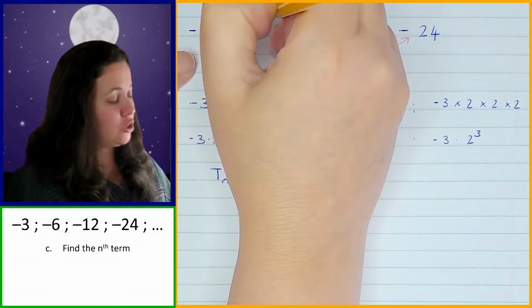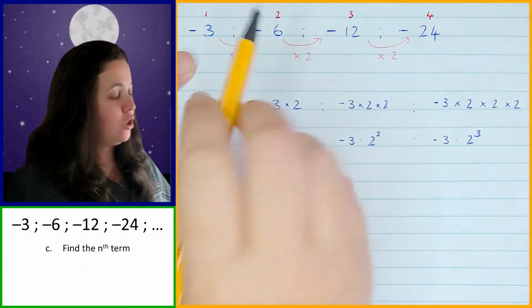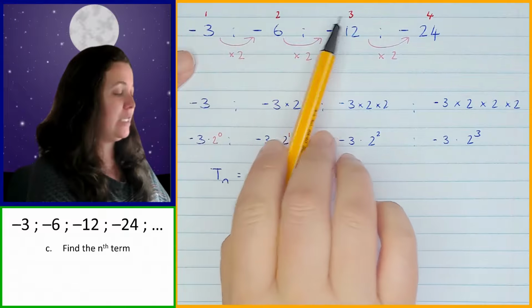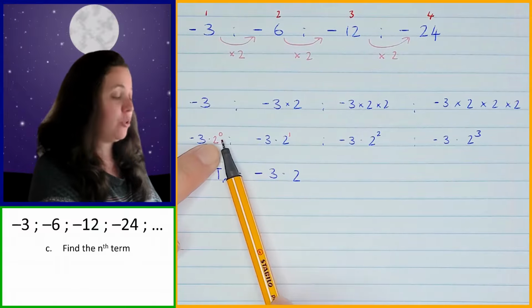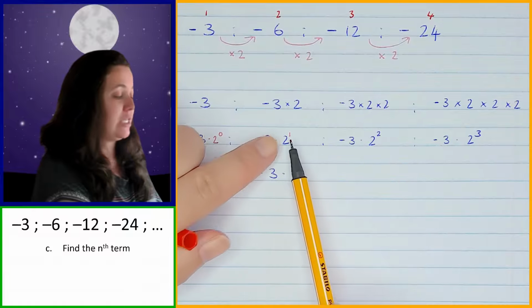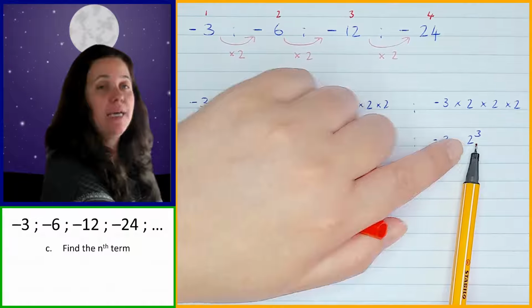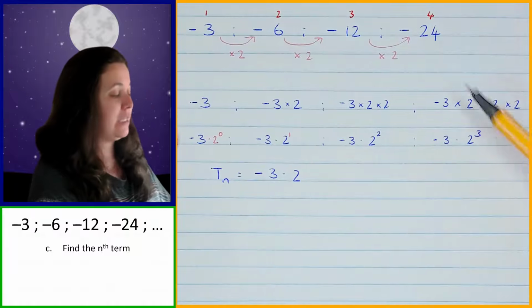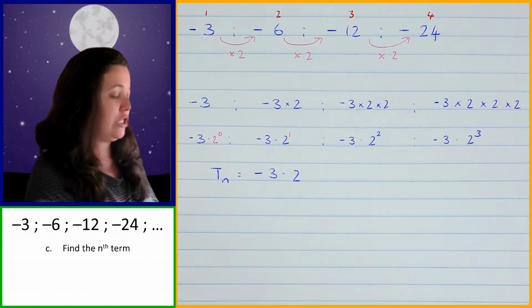This term is term number 2. This is term number 3. And this is term number 4. So here n is 1, n is 2, n is 3, and n is 4. Now look at what our exponents are. So our exponent over here is 0, our exponent is 1, our exponent is 2, and our exponent is 3. For each term, the exponent is 1 less than the term number, which is our n value.